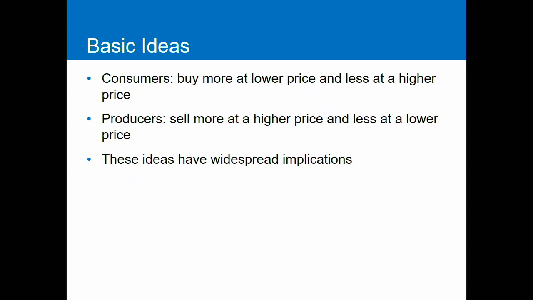We'll talk a little bit later about when firms want to sell at a loss. And I think it's accounting 102. We also talk about when it's smart to sell at a loss in the short run. These are fairly simple, hopefully intuitive ideas, but they have widespread implications for how prices and the quantity sold are determined.